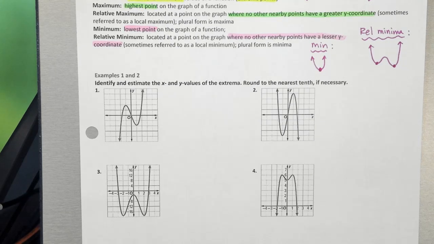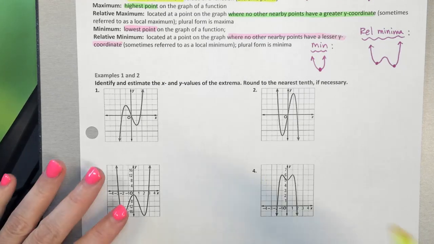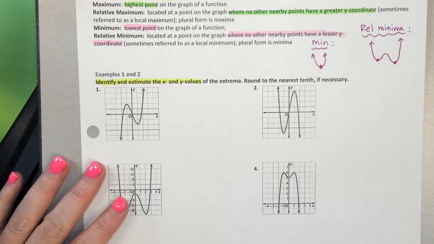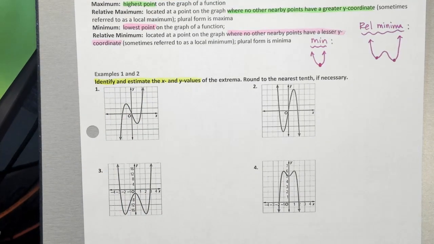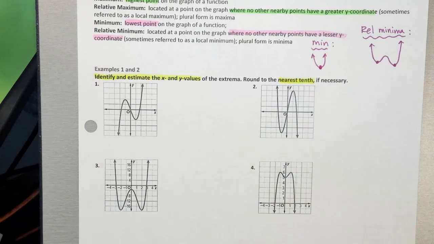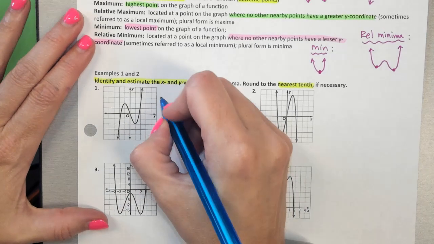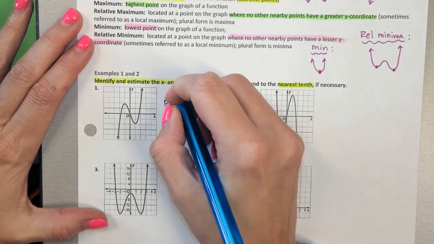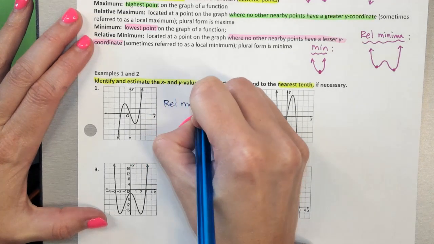All right, and then for our first example, we are going to identify and estimate the x and y values of the extrema. This says round to the nearest tenth if necessary. So when you do this on your homework, if it's not exactly on a point, you can do your rounding to the nearest tenth and you just have to be around that point. The ones that we're looking at here, a lot of them are exact values.